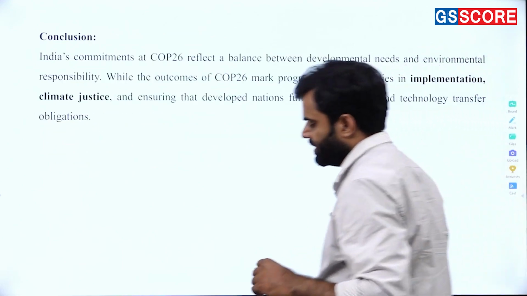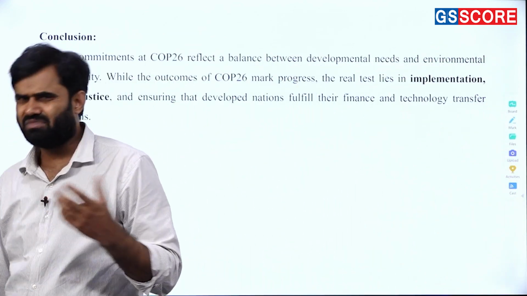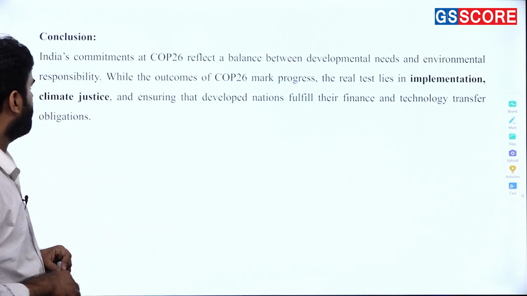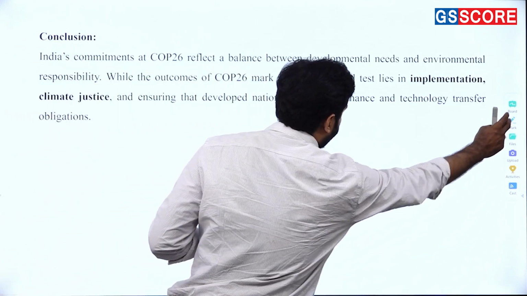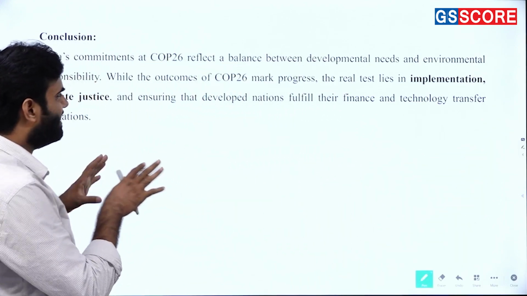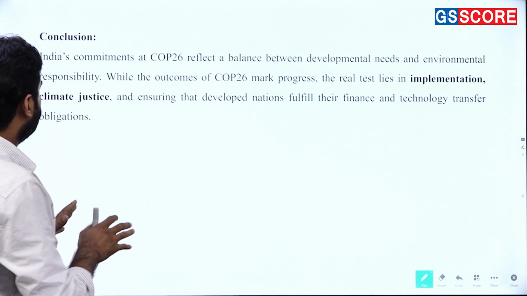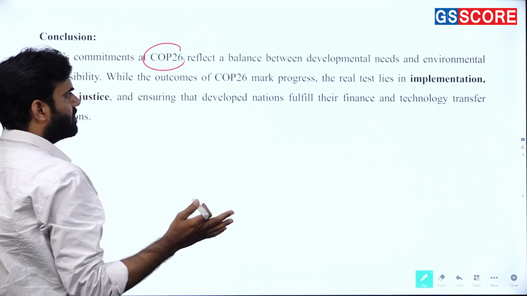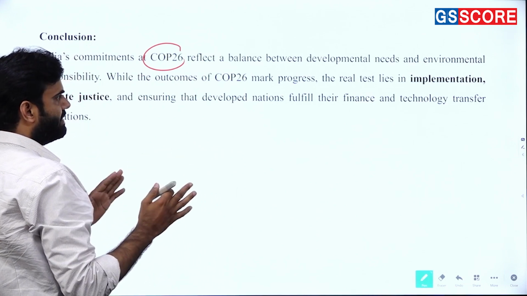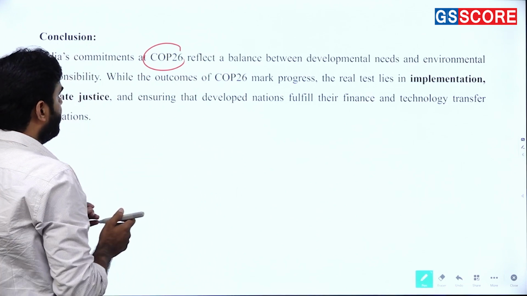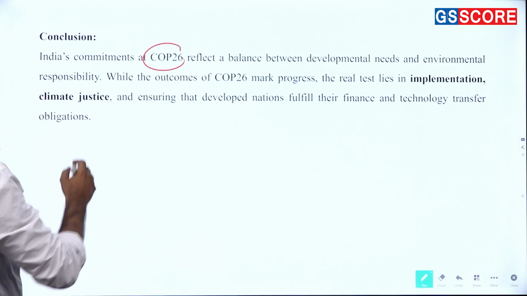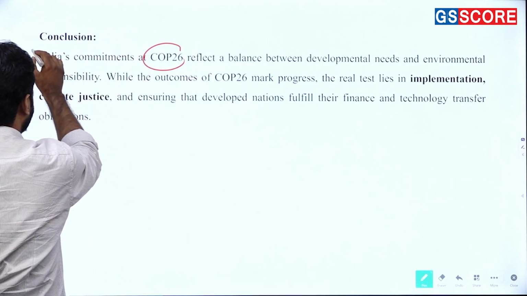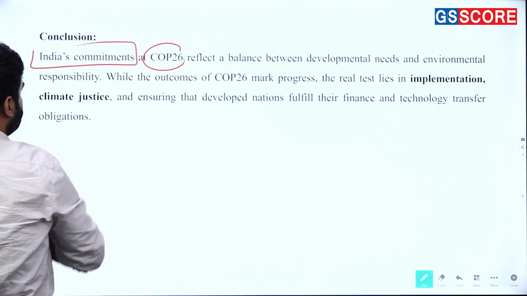Now let's move toward the conclusion or way forward. So now you will find that there are 3 lines. "India's commitment at COP26 reflects a balance between developmental needs and environmental responsibilities." I started my conclusion from India's commitment.